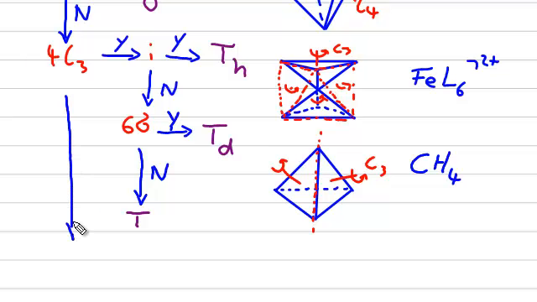Let's say we do not have C3 rotation axes. In that case, we need to ask whether we have n C2 axes which are perpendicular to our principal axis Cn.